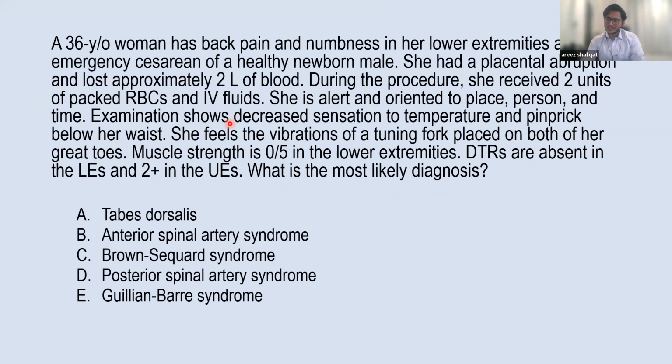Friedreich ataxia. Did you guys take Friedreich ataxia? Really? So in Friedreich ataxia, as far as I remember it, I didn't know you guys took it. It's usually a syndrome caused by a trinucleotide repeat expansion, and it manifests with ataxia and other associated lesions.